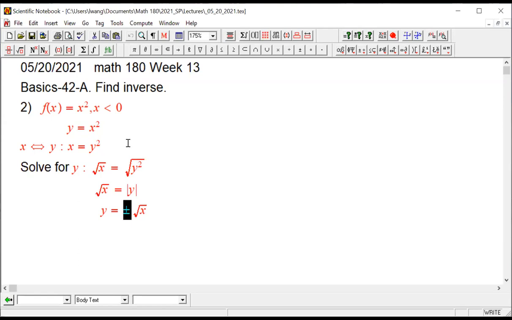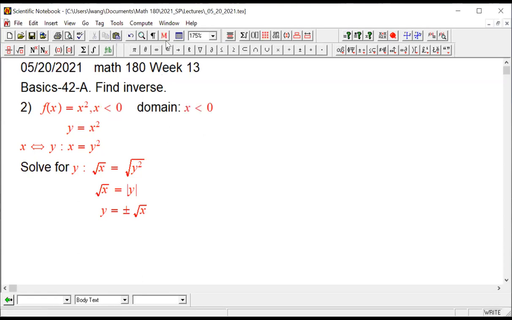Let me show you how to analyze this. When we are dealing with functions, we must always be aware of the domain and range. In this case, the domain of the given function is specified. We are told the domain is x less than 0.